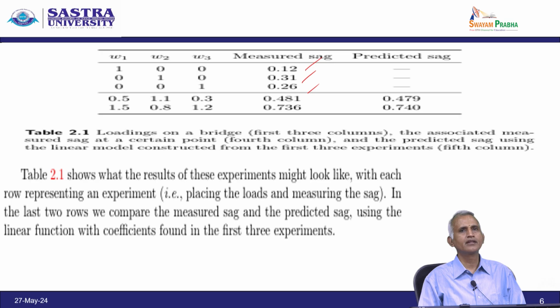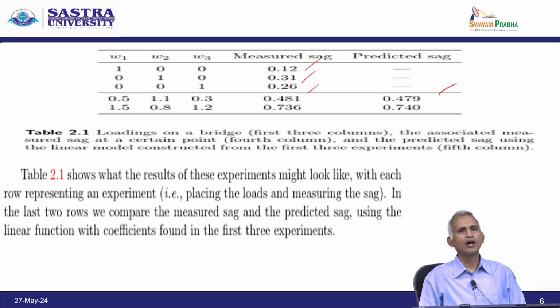We could not predict it immediately, and next we associate it with the corresponding affine ideas, so that the answer will come 0.5, 1.1, 1.3, and the corresponding measured sag is 0.481, and the predicted is 0.470.